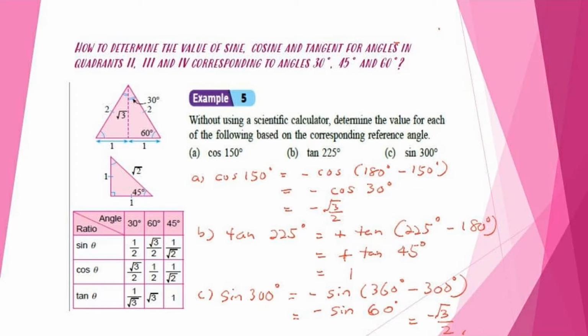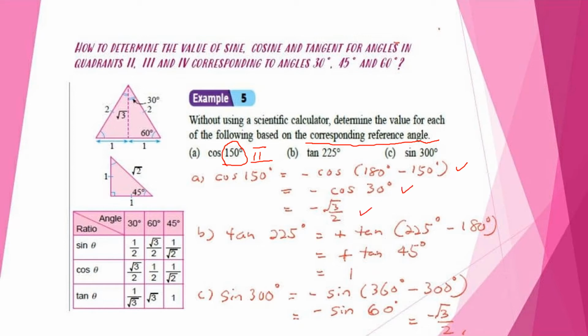Why? Because we are going to find the corresponding reference angle, and then to determine the sign, 150 is in quadrant 2. For quadrant 2, cos is negative. That's why negative cos 180 minus 150 equal to negative cos 30, and then equal to negative root 3 upon 2.